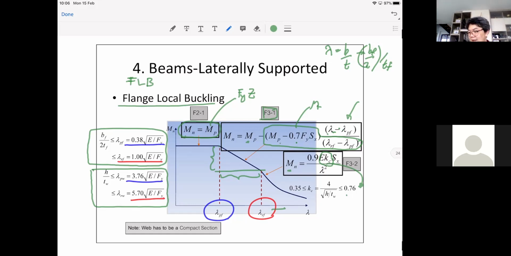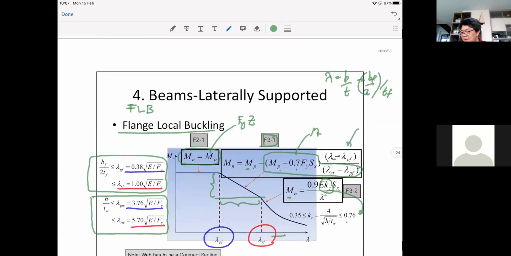You can simply say that this will become your load carrying capacity because you cannot reach MP. Or you can simply say you check both the global buckling and flange local buckling and pick the lower value. That's it. Okay.